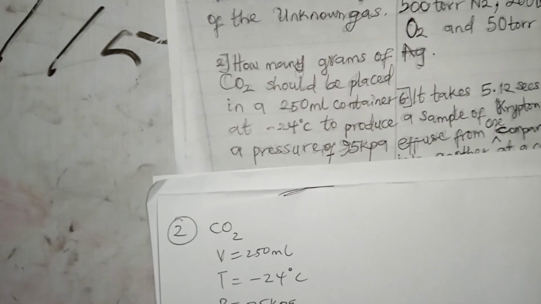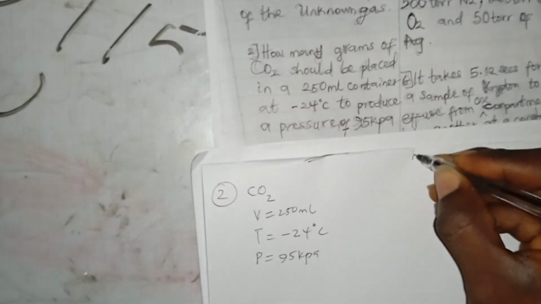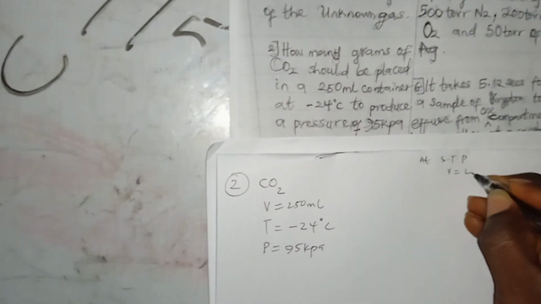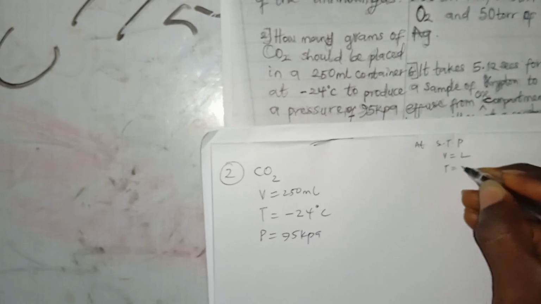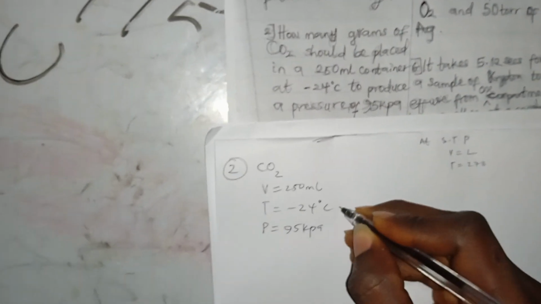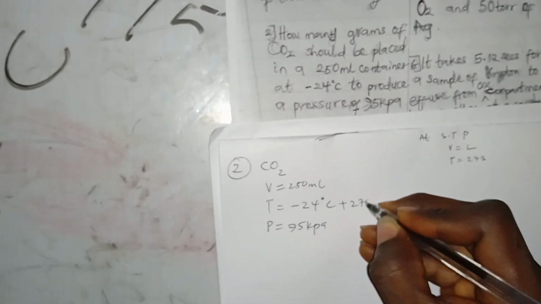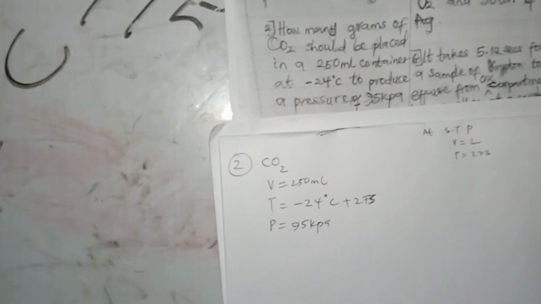So this is the interpretation. Now I need you to know that at STP, volume is in liters and temperature is in Kelvin, 273. So we must convert 250 milliliter to liter, which simply means divide by 1000.